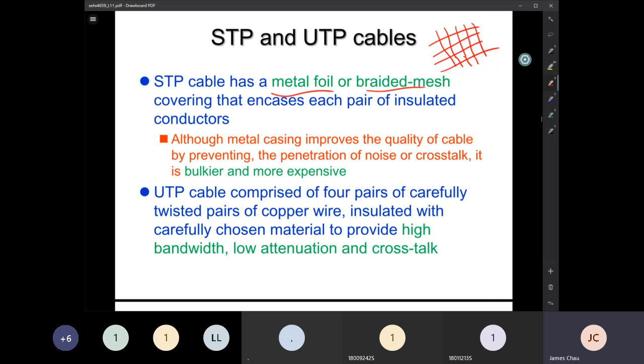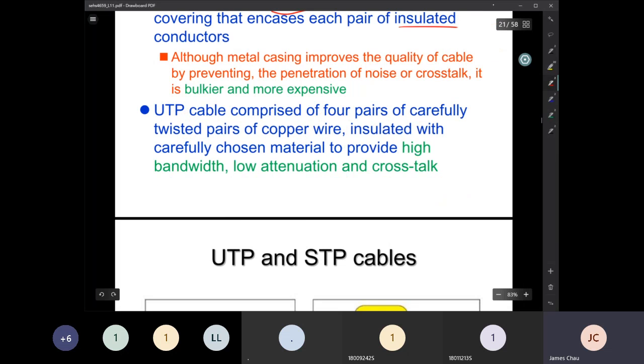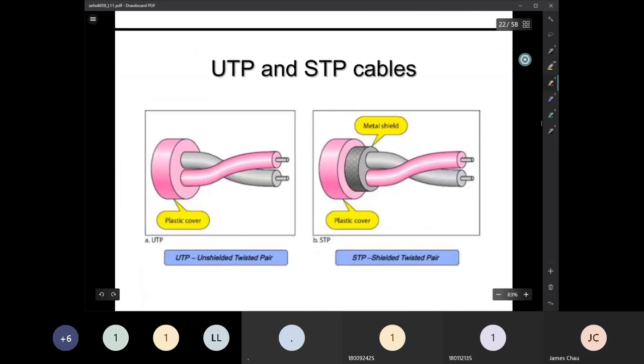Each pair of the conductor is insulated. On the next page, we show you the shielded cable. You can see we build up a shield that surrounds the cable in order to eliminate the interference from the other cables.